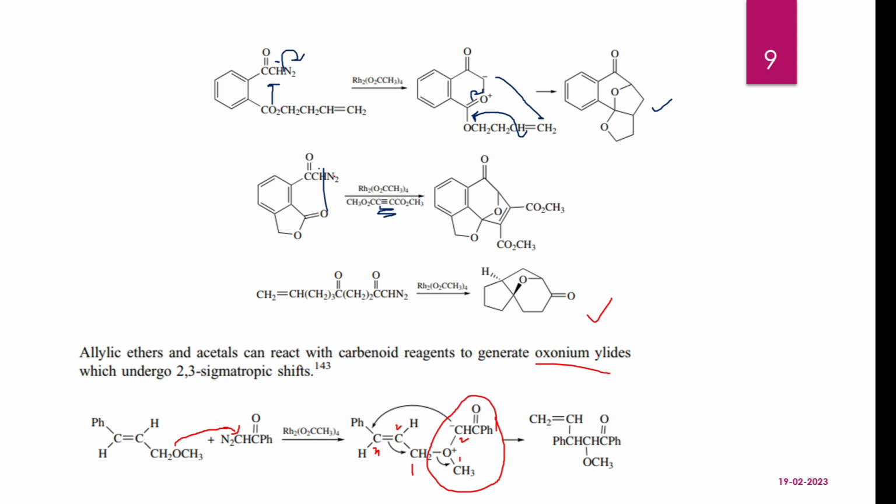After rhodium eliminates the N2, this bond is weak and this is so reactive that it will attack and react so fast that we are unable to isolate this metal carbene complex.